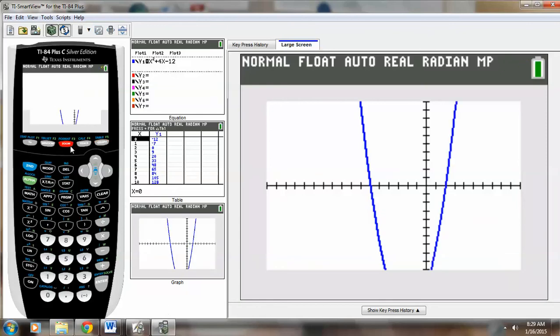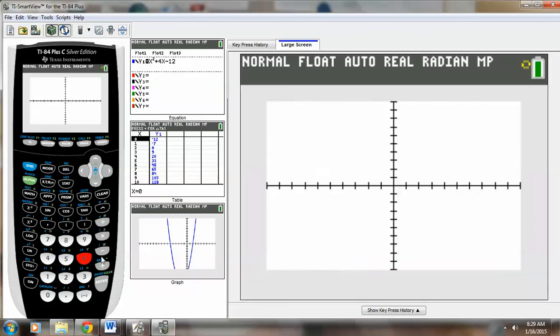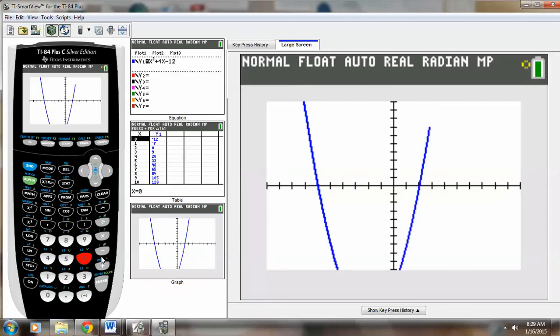I'm going to go ahead and zoom standard. Does our graph indicate the same solutions that we found? Yes. Negative 6 and positive 2. Okay, an easy way to check yourself if you have a real solution.